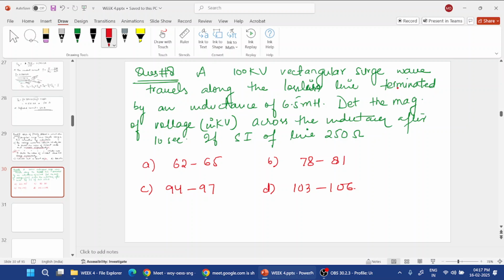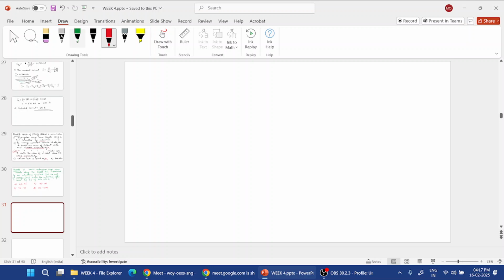I just told you that whenever a surge impedance is terminated by inductance, the voltage will be 2V, and after that it will decay exponentially.